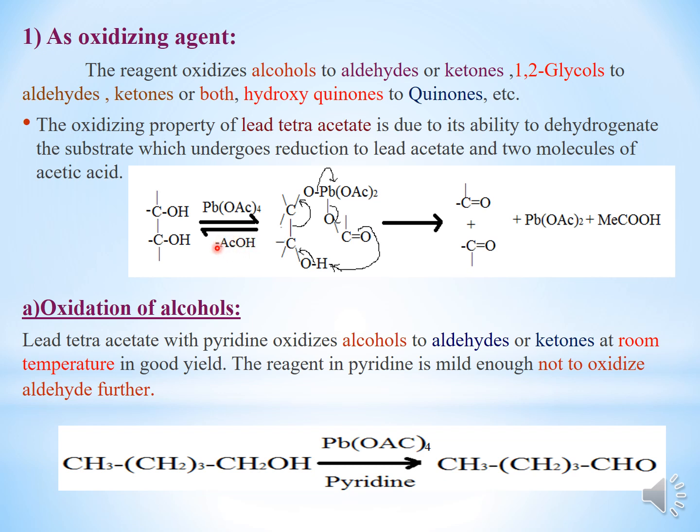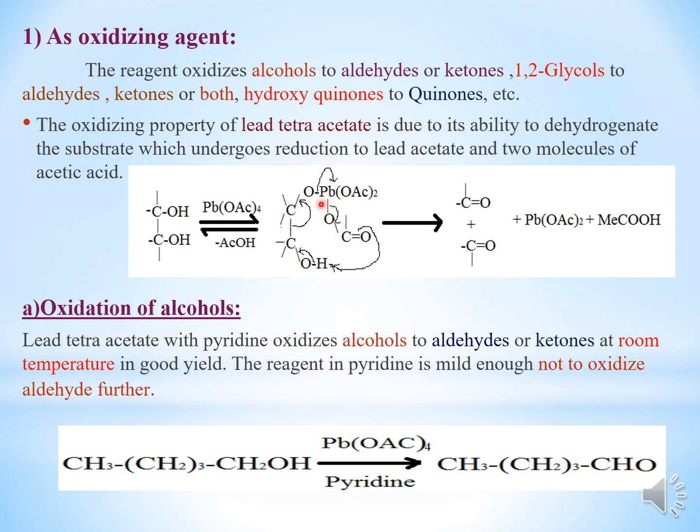One acetic acid is cleaved out, and that's why you see only 3 acetate molecules attached to the lead.